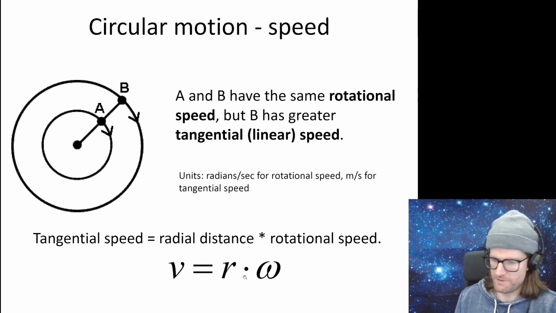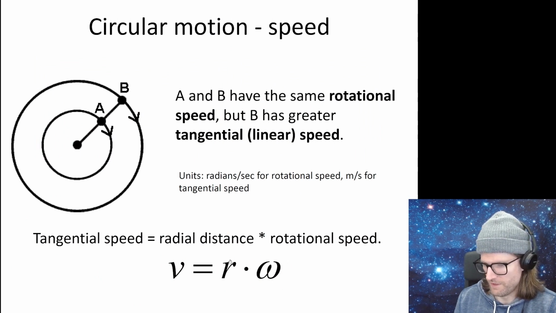The speed is the same, so this doubles, which means angular speed is half of what it was before. So omega is half.